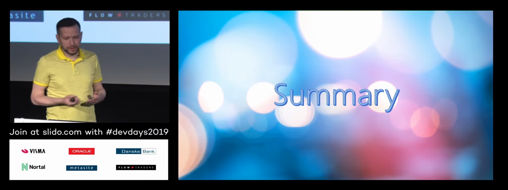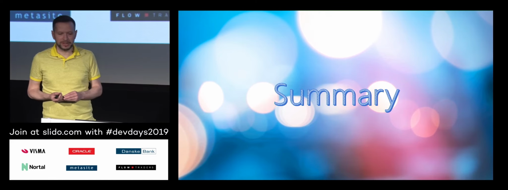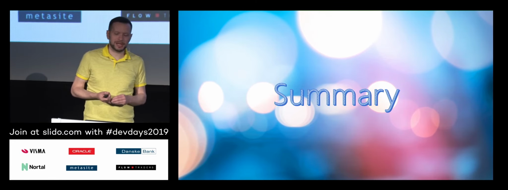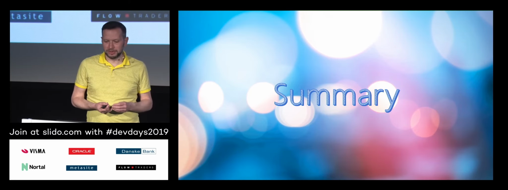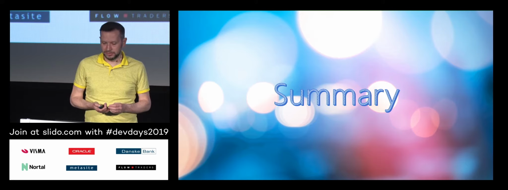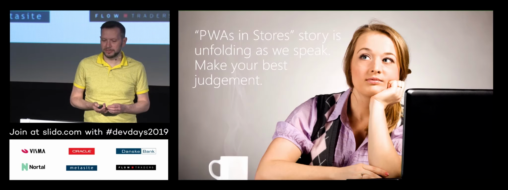So overall, there are a lot of things that you can do with progressive web apps and publishing them in the stores. Obviously, we couldn't go deep into any of that in 40 minutes, but I hope I gave you an overview of what it takes to publish progressive web apps and what it takes to build them.